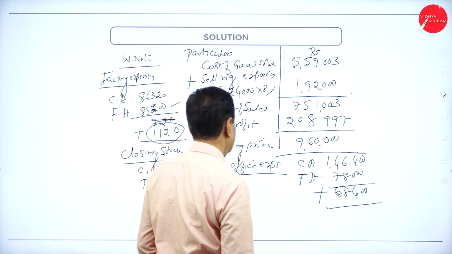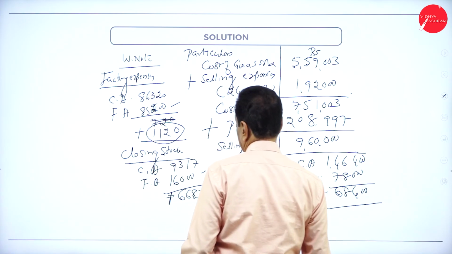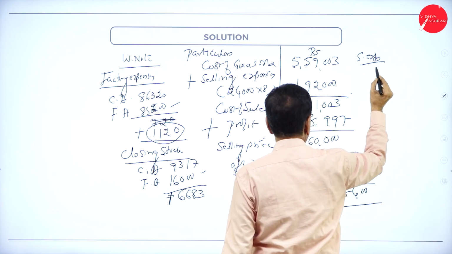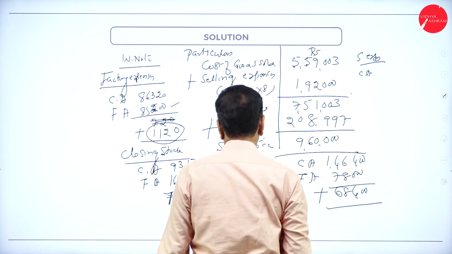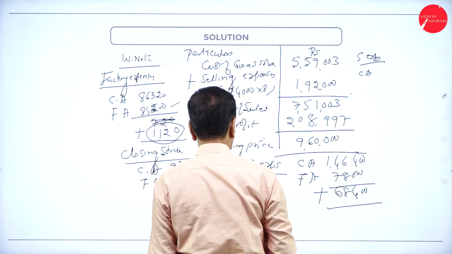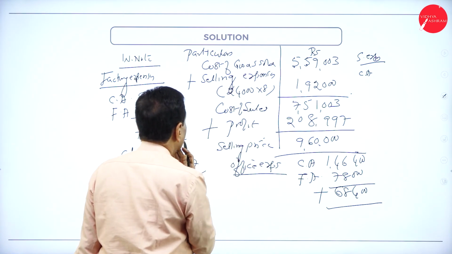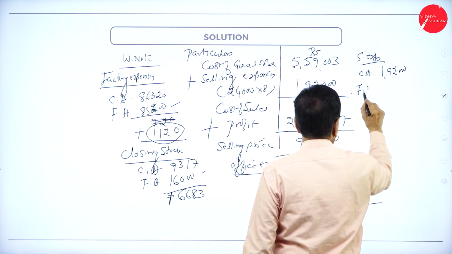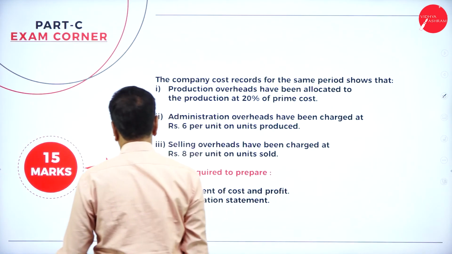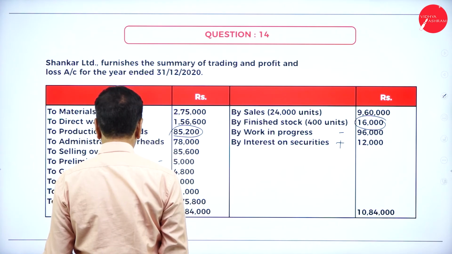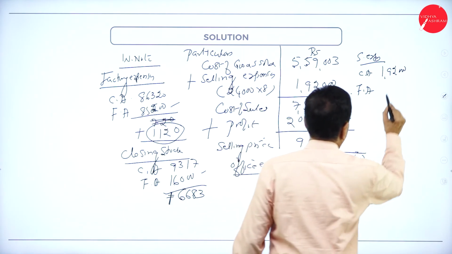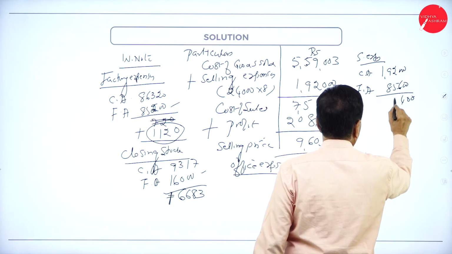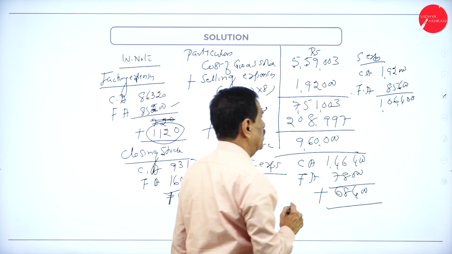Selling expenses, see that? Selling expenses in CA are 1,92,000. In FA, selling expenses are 85,600. The difference is 1,06,400.